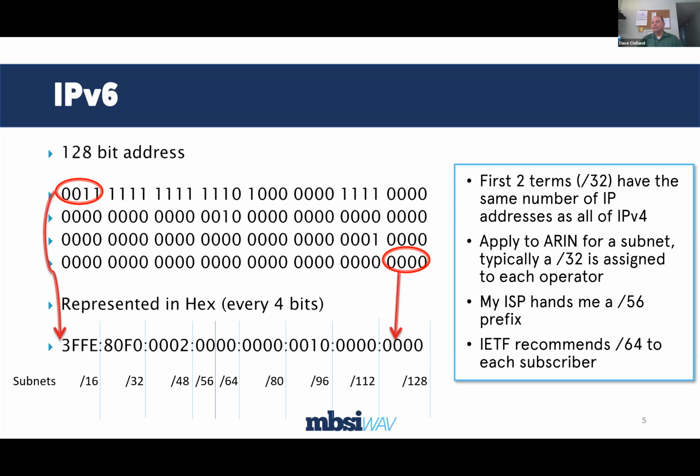And the IETF, as you're going through the standards, they're recommending that we deliver a /64 to each subscriber. So that gives us a huge amount of address space for every subscriber, for every device that they connect to the network, for example, or every subscriber that you connect to your network. This is just a new freedom in addressing. So that's what the examples are going to show here.